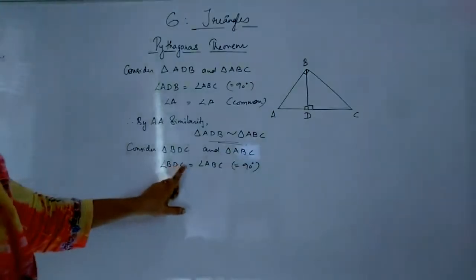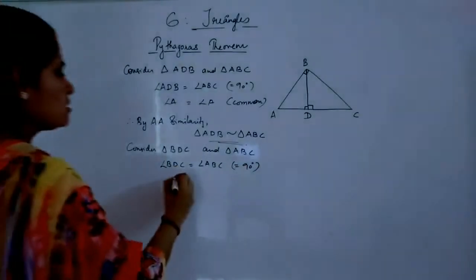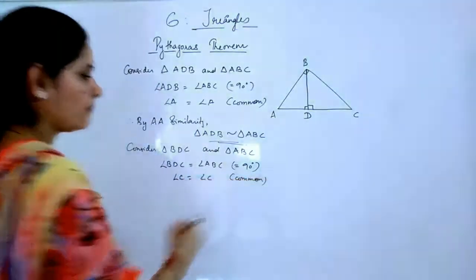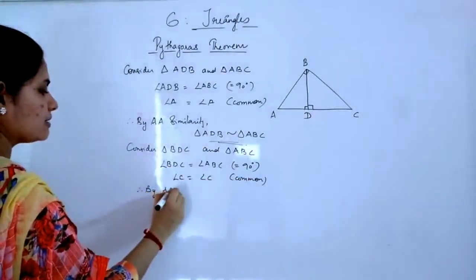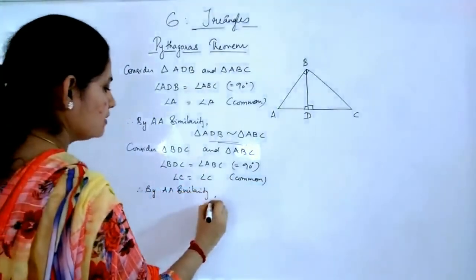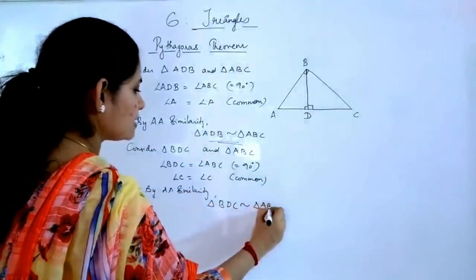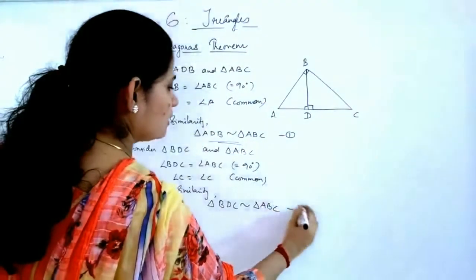And again here angle C is common, so angle C is equal to angle C. So again by AA similarity, triangle BDC is similar to triangle ABC. This is your first equation, this is your second one.